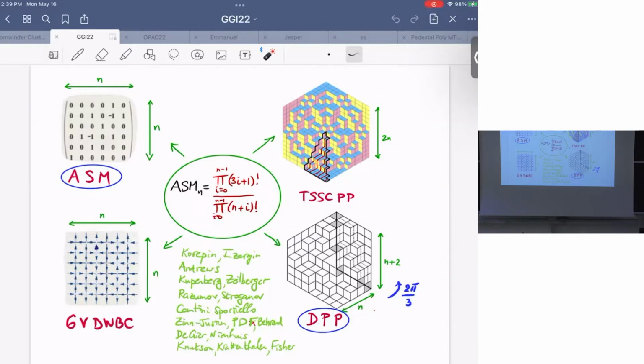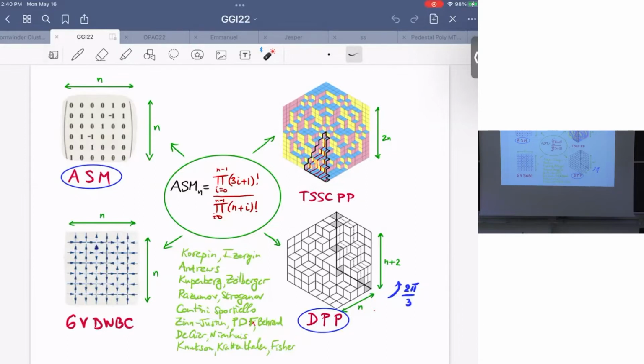And you impose, so looking at this it's a three-dimensional piling up, but you can look at its projection, which is two-dimensional, and then it looks like a rhombus tiling, okay? So if you rhombus tile a regular hexagon of size 2n, 2n, 2n, 2n, and demand that this object be as symmetric as possible, then you get these totally symmetric self-complementary plane partitions, which are enumerated by enumeration of configurations of their fundamental domain, which is 1/12 of the hexagon, and they're called TSSCPP.